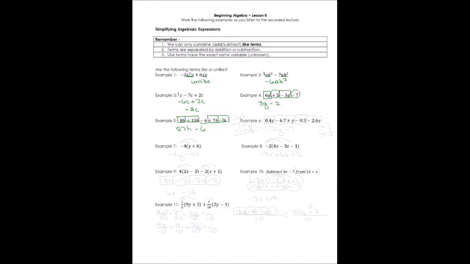Now, number 6 is a little tricky because it's decimals, but let's just figure out which terms are alike. Look at the variables. This is 0.4y, and then I have a plus 1y. Here I'll put the 1 so I know it's there. I have a negative 2.6y. Well, let's get them together. 0.4y plus 1y is 1.4, isn't it? So I've got 1.4y. And then I'm going to say minus 2.6.